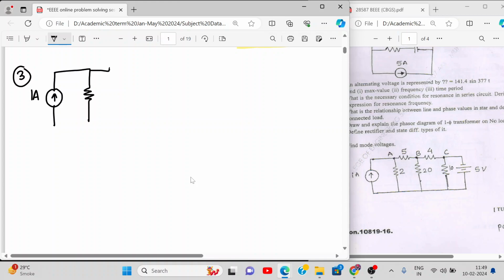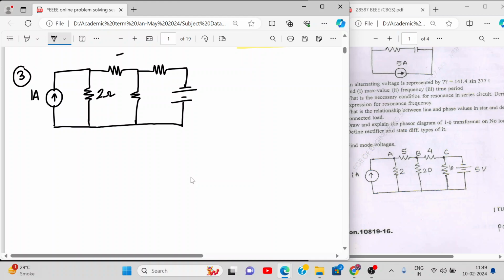We have these resistances connected, and we have a battery over here. Okay. This is 2 ohm. This is 5 ohm, 4, 20, and there is one more branch which I forgot.